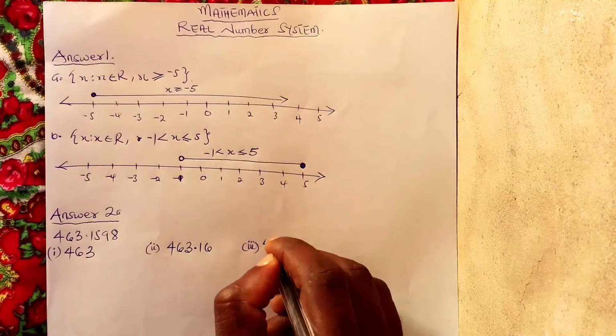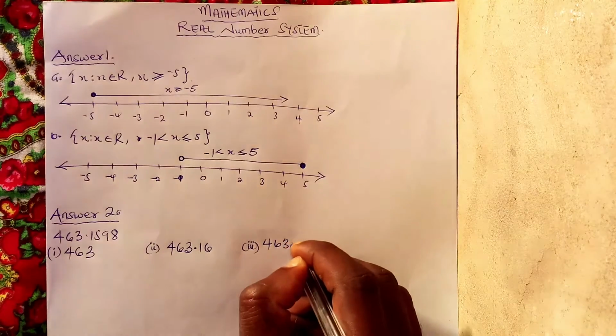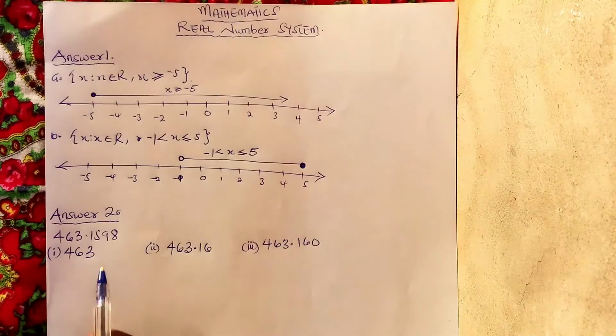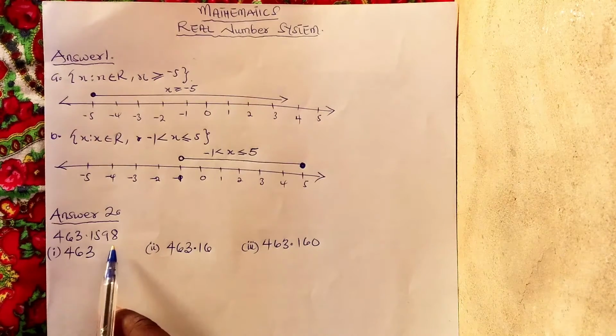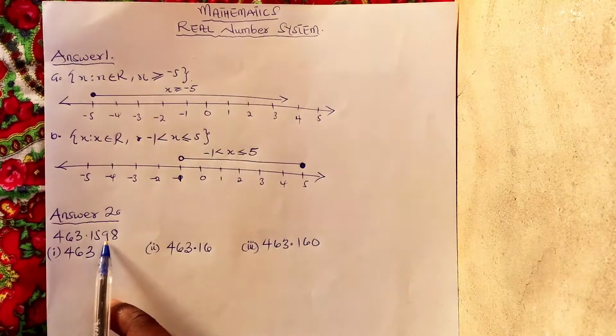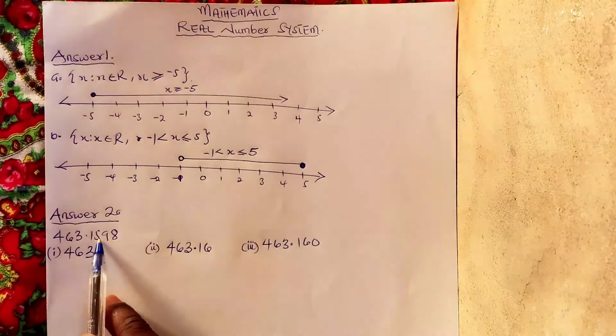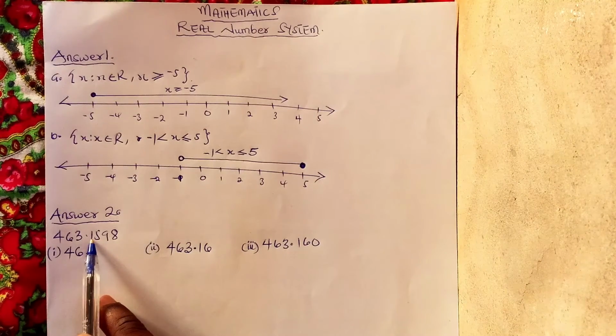So we have 463.160. The reason for the 160 is that after rounding, the 9 changes to 10. Therefore, we have to move the other one here. We maintain the 0 here. Now this becomes 6, and this becomes 1. It maintains its position.